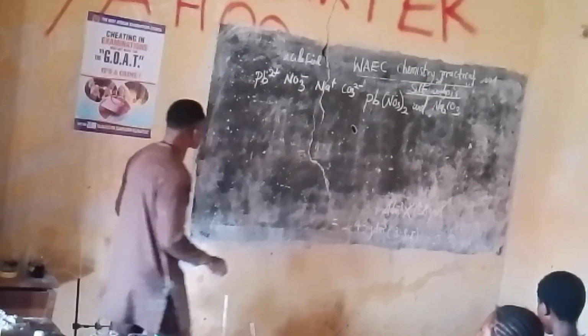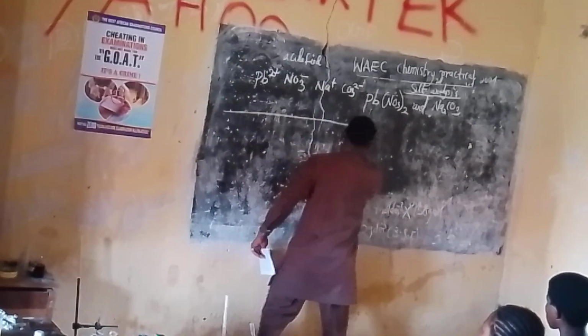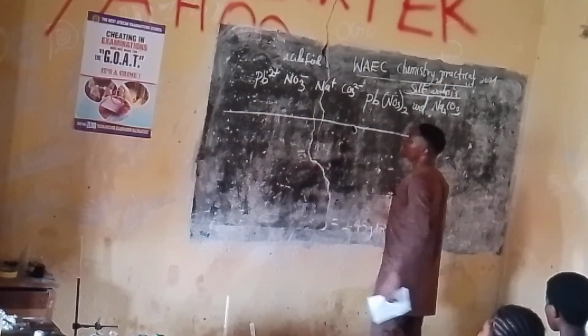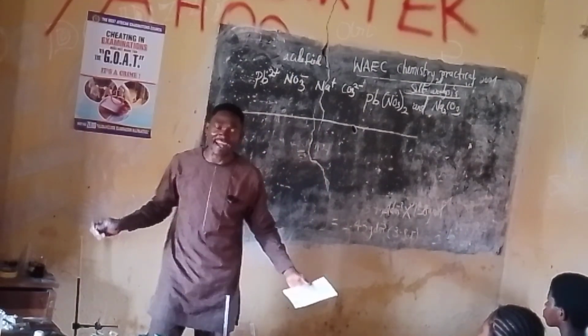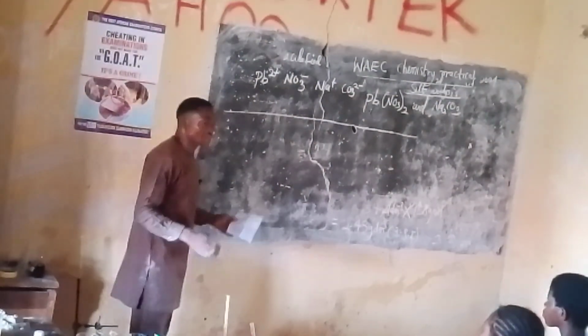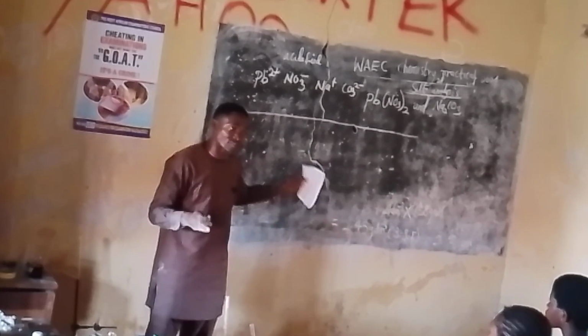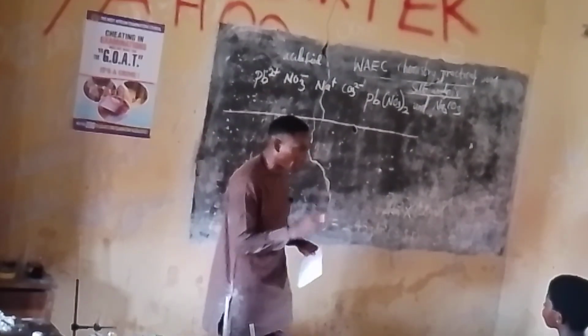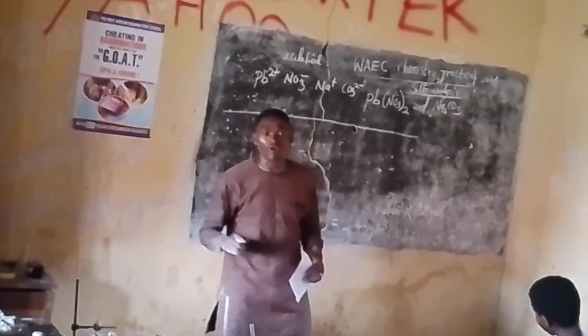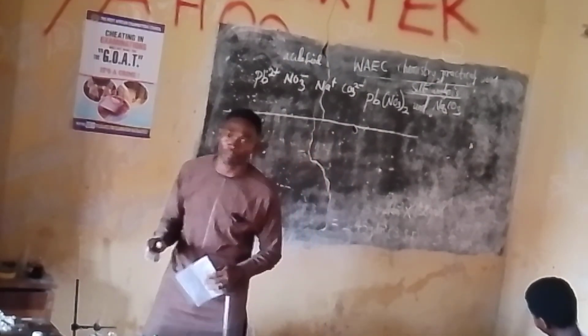So if you want to test for this one, these are the preliminary tests that can be performed here and how to report. In a reporting format, remember I told you report is very important here because nobody is going to see how much sweat is dropping from your face, how you suffered to run through the process.